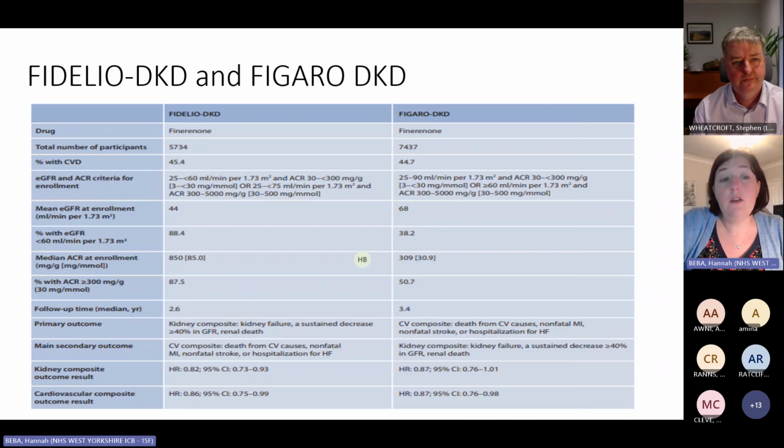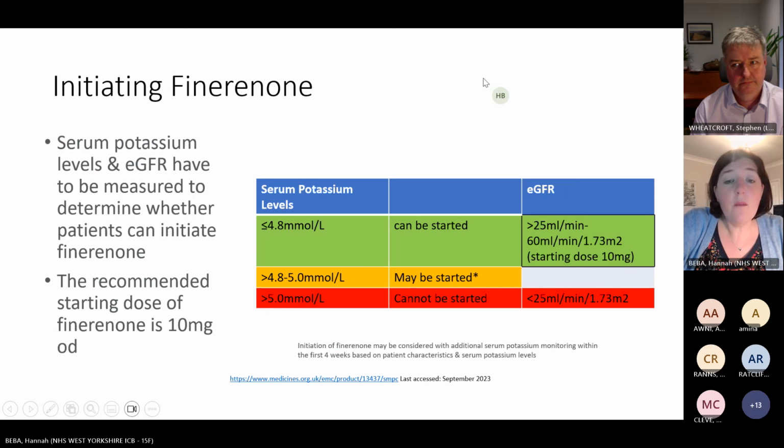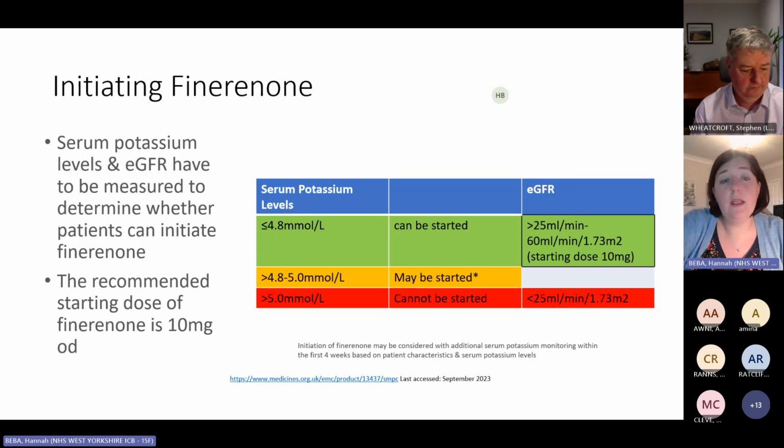Two big trials around finerenone are FIDELIO-DKD and FIGARO-DKD, and these are looking at slightly different cohorts across the board. But in general, these two trials have shown excellent results. And when initiating finerenone, we need to consider where we are starting at with serum potassium levels.